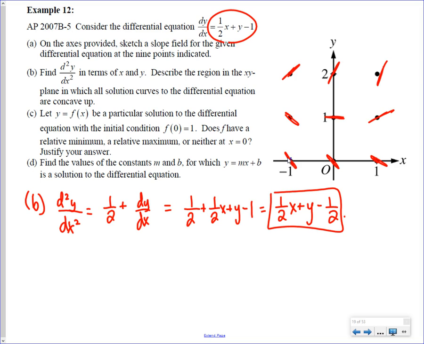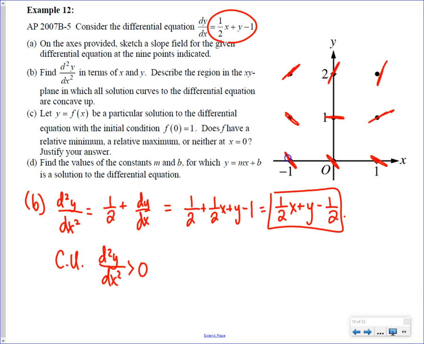Well, describe the region in the xy plane in which all solution curves are concave up. Do we have enough in this picture to try to figure out concavity? I don't think so. But what do we have? And when I have a concave up portion, doesn't that mean my second derivative is what?